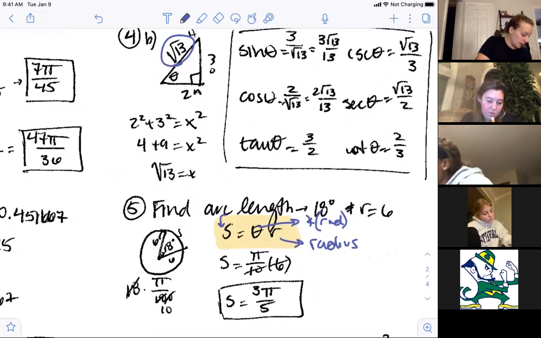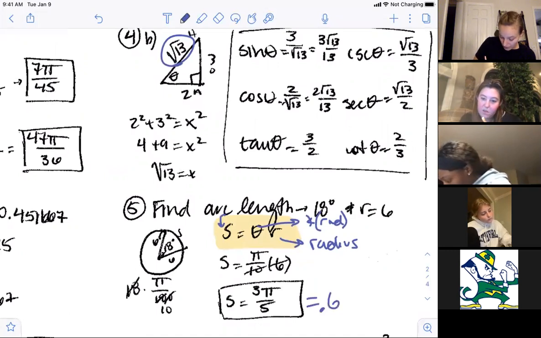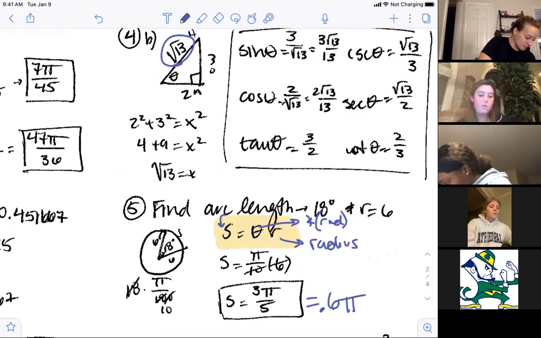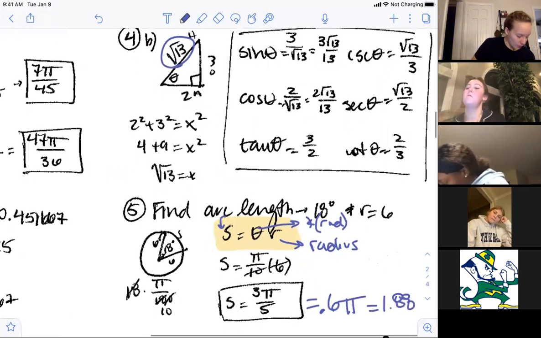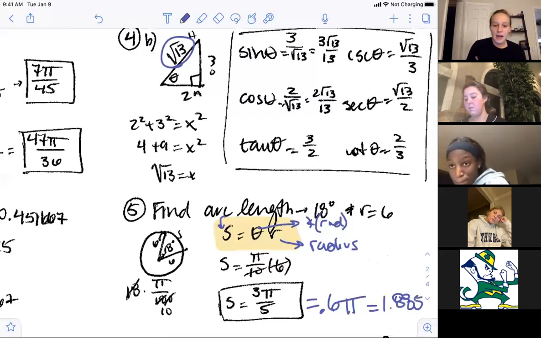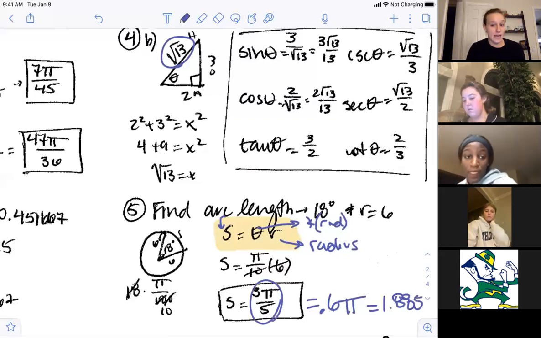If you wanted to do 3 divided by 5 and get a decimal, that would be 0.6 pi. If you rounded and did 0.6 times pi, it would be 1.884, but I think 3 pi over 5 is the most exact. And so if I say exact, make sure you leave it as a fraction and with pi. But if it says round to, then you can round it all the way out.